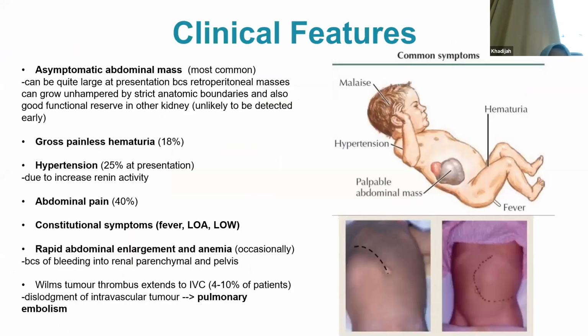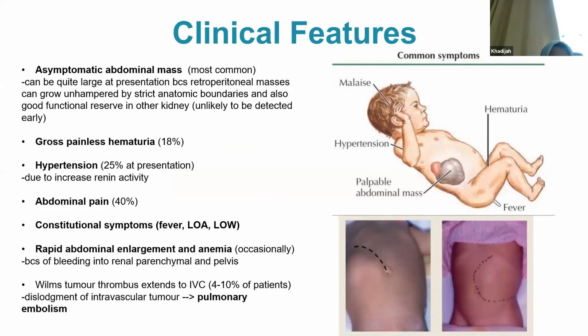So basically, for clinical features in Wilms tumor, the most common presentation is an abdominal mass. This abdominal mass can be found by the parents during bathing or clothing their child.